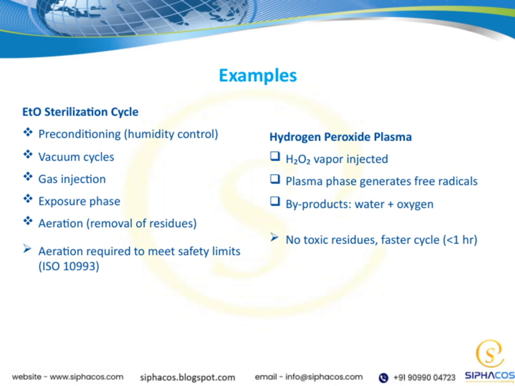The aeration step is critical because it removes any residual hydrogen peroxide to meet safety standards, specifically those outlined in ISO 10993. This ensures that the sterilized items are safe for handling and use. Overall, hydrogen peroxide plasma offers a combination of effectiveness, speed, and safety, aligning well with modern sterilization requirements.